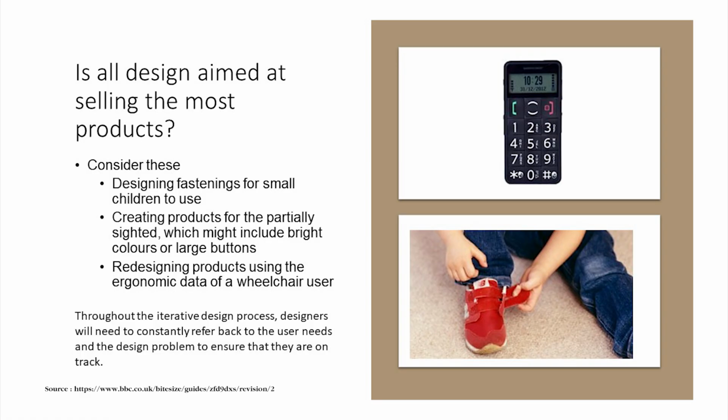Yes. So, but what is special about it? Yes. So, these numbers are quite large, right? So, they are for somebody with special needs. Okay. So, this particular design is not aimed at selling the most products.